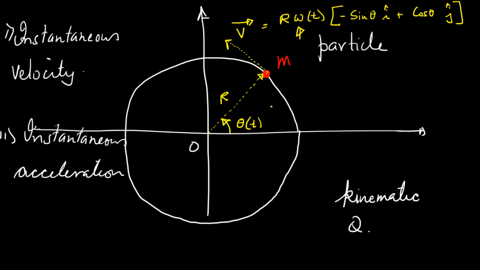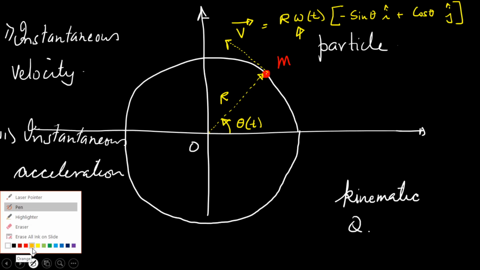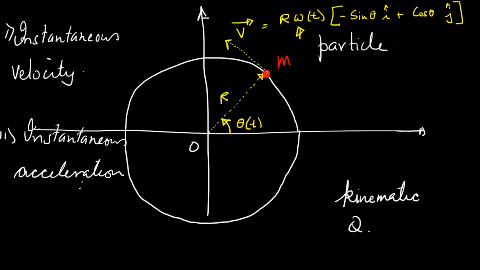Great. Now comes the big difference, and we have to not only derive it but remember it. The acceleration at that instant is going to have two components, and the way it's remembered, the way it's recalled, is that there is a radial component of the acceleration, and there is also something called the tangential component, which was absent during the uniform circular motion.